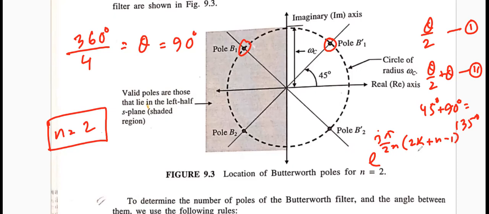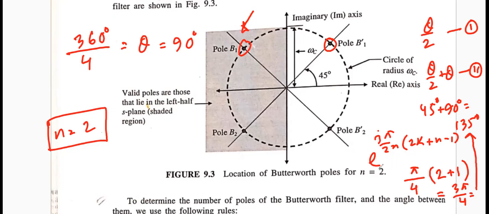If we talk about the first valid pole location, where k is equal to 1, in that case, we have the angle pi divided by 2n, where 2n is equal to 4, times 2 into k, with k equal to 1, so 2 plus n, which is 2, minus 1. I'm just writing them together. So you have 3 pi divided by 4, which is nothing but 135 degrees.